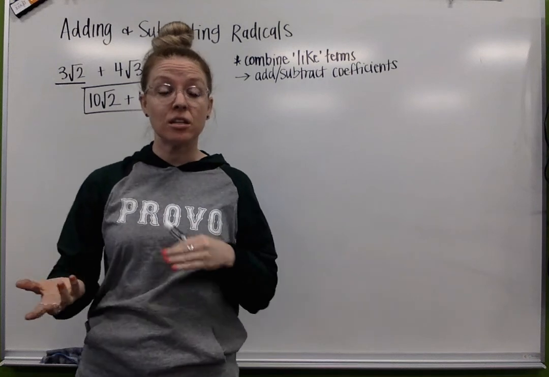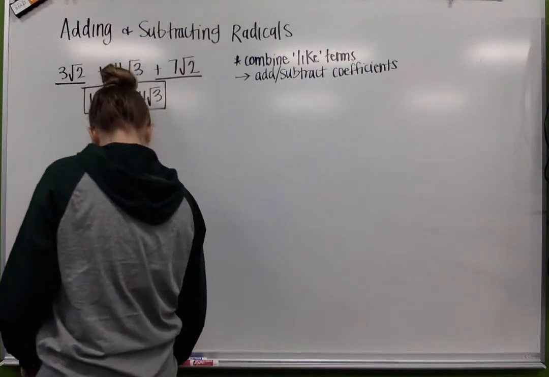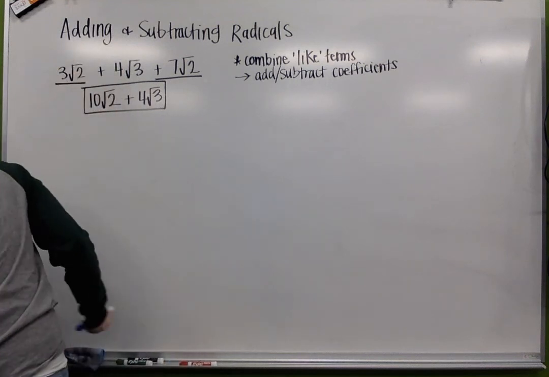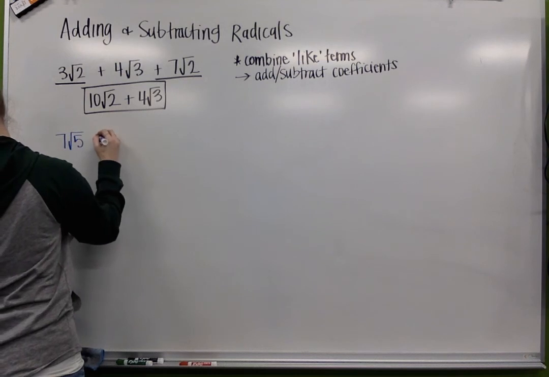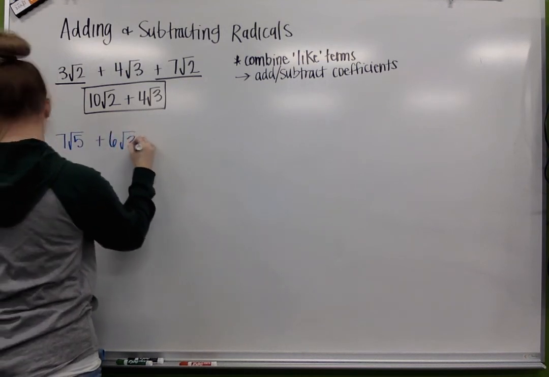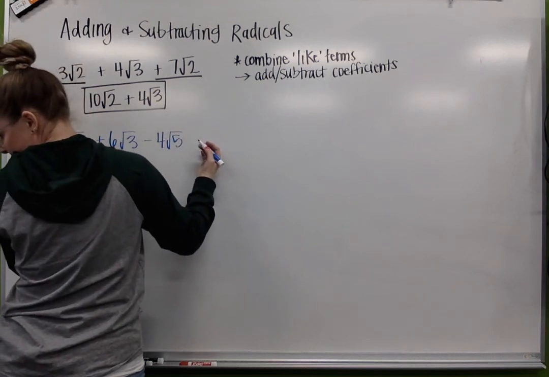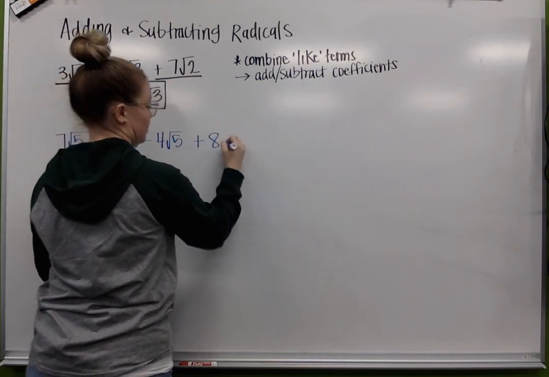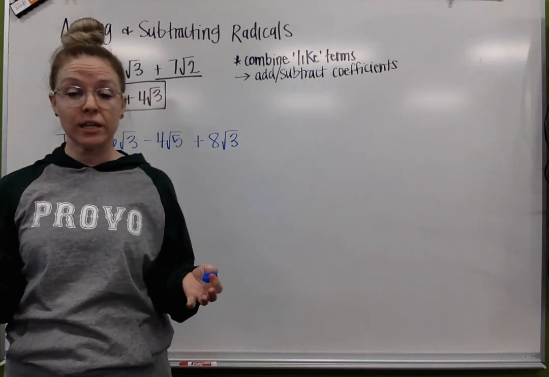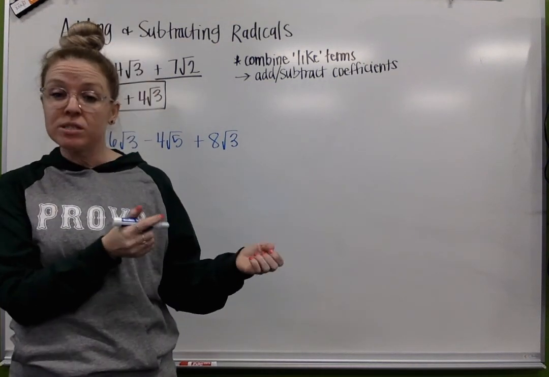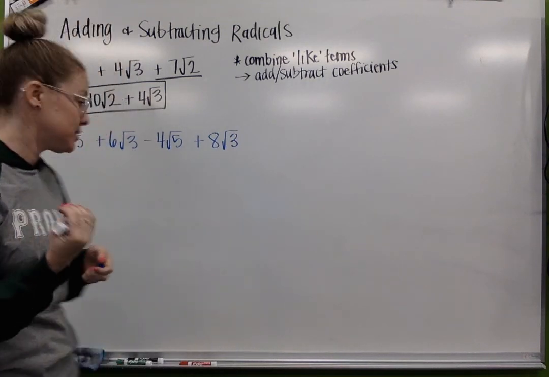Just look for those like terms, add the coefficients together. So let's look at another example here. With this one, we're going to have 7 root 5 plus 6 root 3 minus 4 root 5 plus 8 root 3. So again, all we're looking for is matching terms, and in this case matching radicals, and then add or subtract the coefficients.